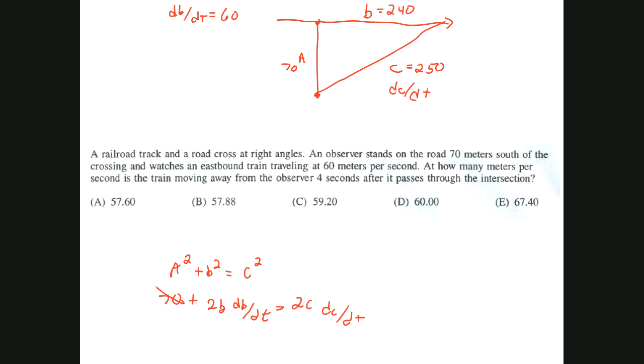We know what dB dt is, so this is going to be 2 times 240 times 60 is equal to 2 times 250 dC dt. See how in these problems you'll have a lot of variables, but there's only one variable you have to solve for. So moving away from him at 57.6, awesome.